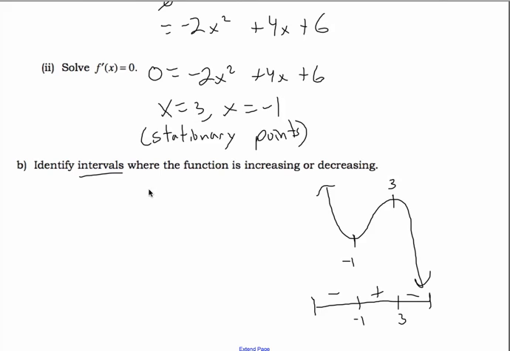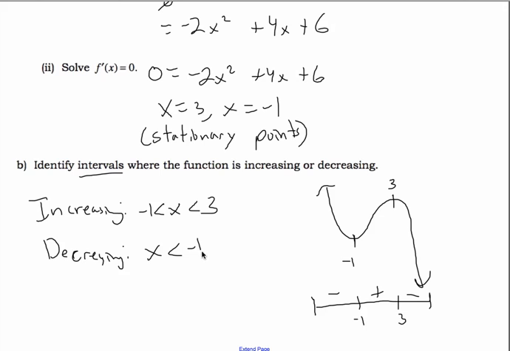So the function is increasing when x is between -1 and 3, and it's decreasing when x is less than -1 and when x is greater than 3.